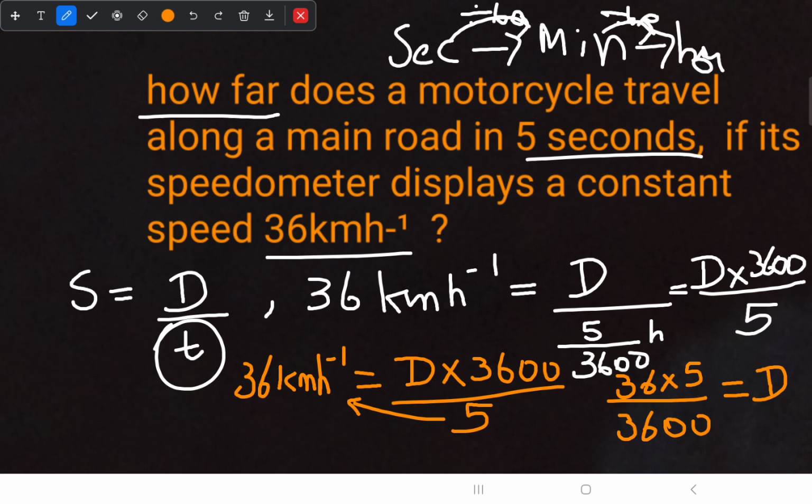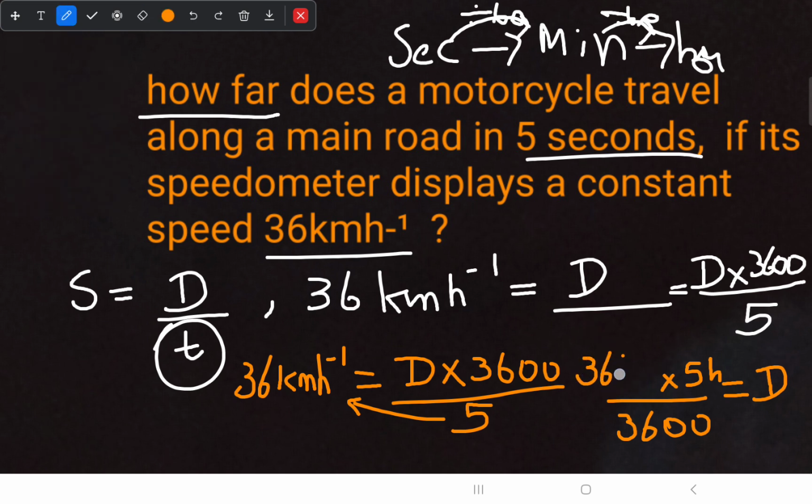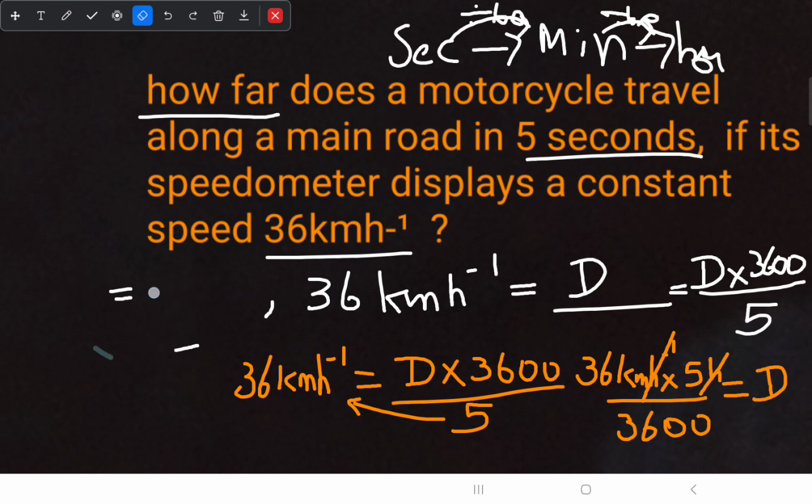When you multiply this by 5 hours, this is 36 kilometer per hour multiplied with hour. That means this hour to the power negative 1 and hour can be simplified. So when we simplify, our answer will be in the unit of kilometers. So 36 into 5 divided by 3600. I'll write here.